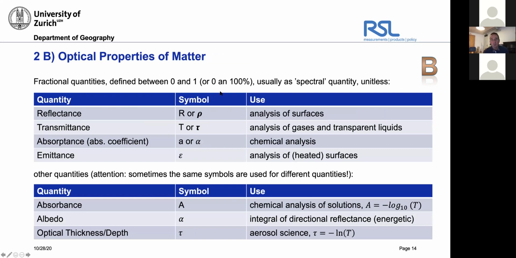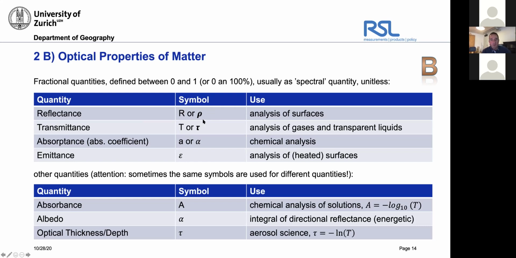Now about the optical properties of matter. There are these base quantities we're using in remote sensing. Usually if doing remote sensing, one wants to have the reflectance as an output. That's the rho. Sometimes a big R is used for reflectance factor, or rho for reflectance, the difference.